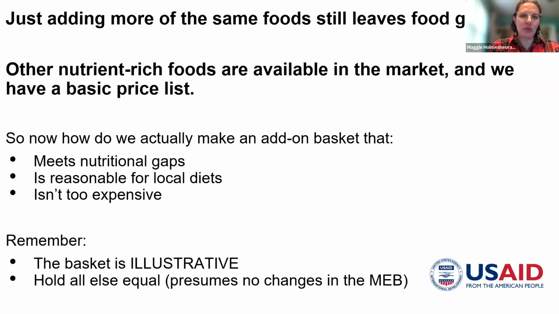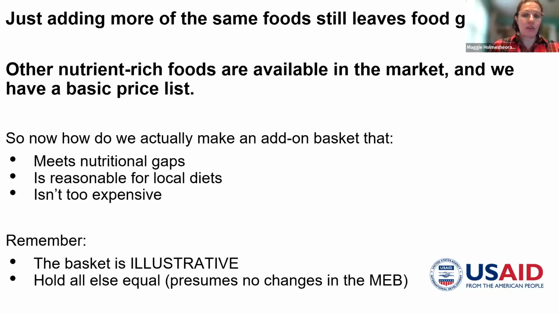So what we're gonna do, we figured out that just adding more of the same food still leaves some food gaps. And we know that there are other nutrient-rich foods available in the market. So now what we need to do is make a basket, an add-on basket that tacks on to that existing general food assistance basket that meets nutrient gaps, that's reasonable considering local diet preferences, and that isn't too expensive, okay?